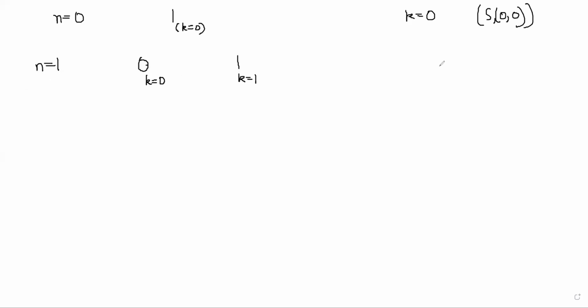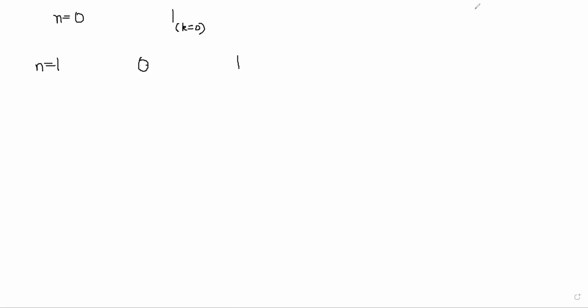So basically, this row contains the values of the Stirling numbers S of 1 comma 0 and S of 1 comma 1. So what I should do here is I will just draw this, write the Stirling numbers here and put the values here.